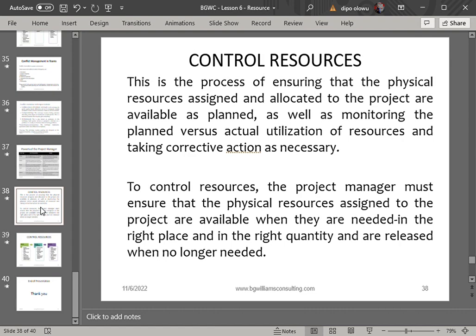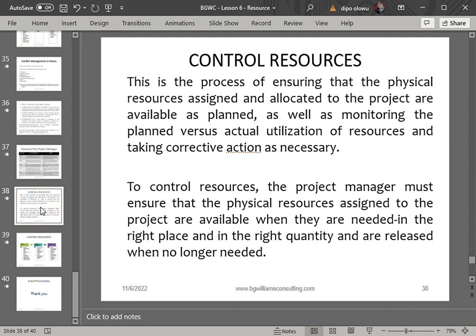If for instance you are in a media project, the project manager must be in the monitoring of those resources. Or you are in an IT project, the project manager must technically be involved in those resources. That is what controlling your resources is.